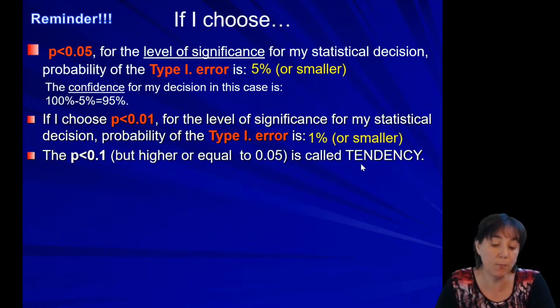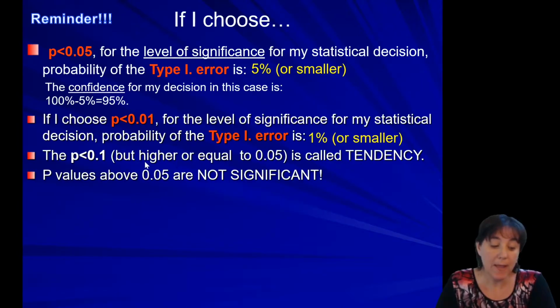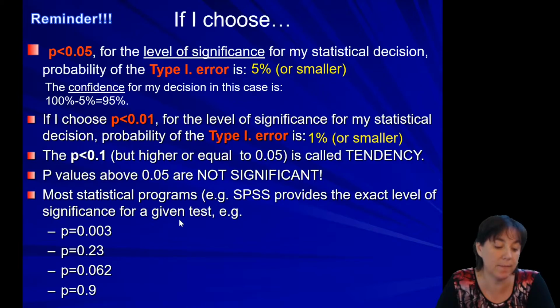This is new information, it's quite important. Any p-value above the 5% is not significant. That's a very important issue. Even if it's 5%, it's not significant. It has to be lower than 5%.